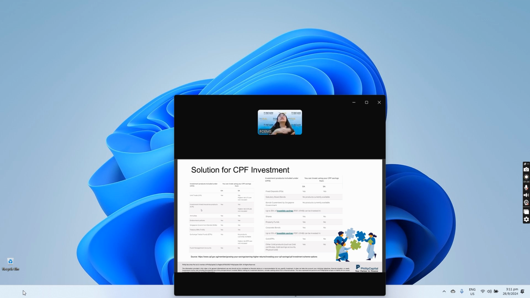For example, they need a large lump sum to invest, or you need to declare the AI status, and so on. So in an ILP, investment-linked policy, you can have a lower entry and explore those AI funds. If you are interested, you can also approach us.